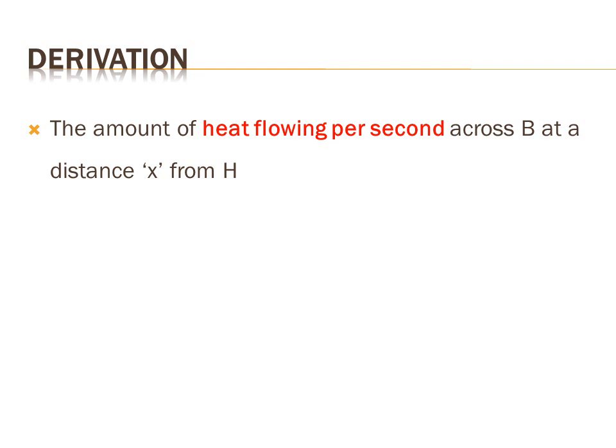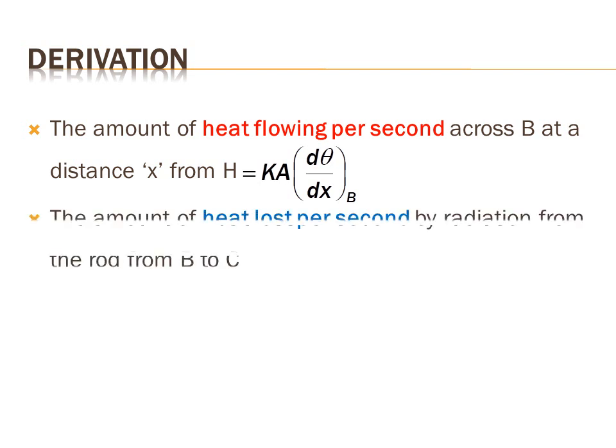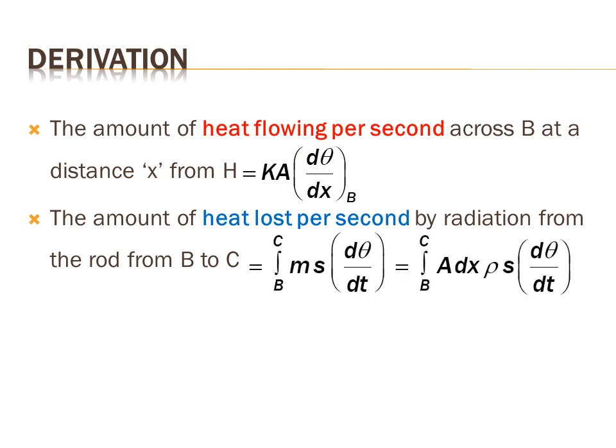The amount of heat flowing per second across B at a distance x from the hot end H is given by KA dθ/dx at B. The amount of heat lost per second by radiation from the rod from the point B to C is given by integral B to C of ms dθ/dt, which is equal to integral B to C of A dx ρ s dθ/dt.